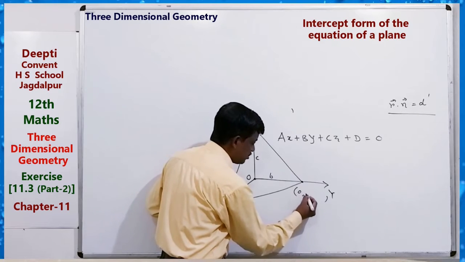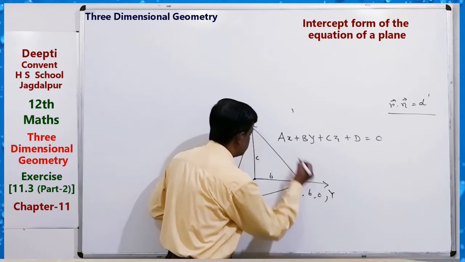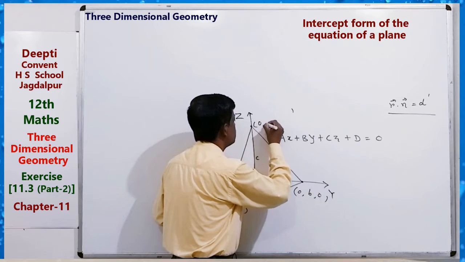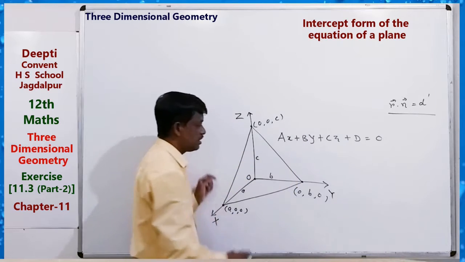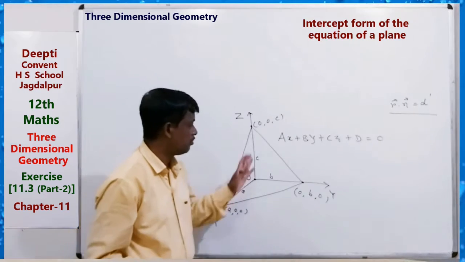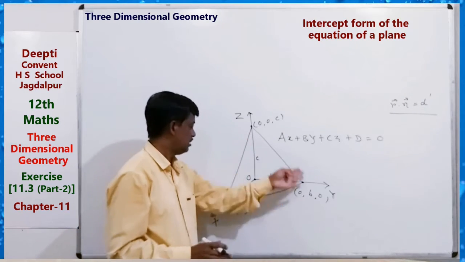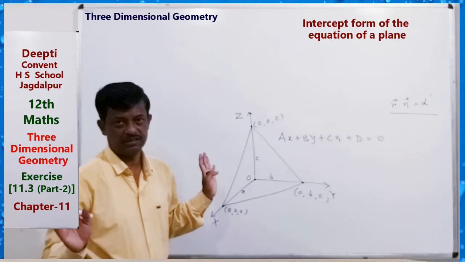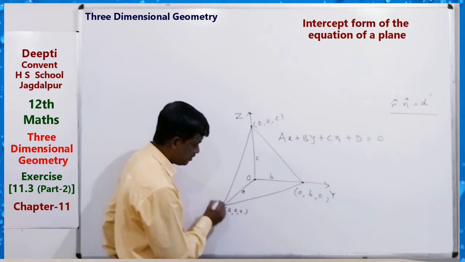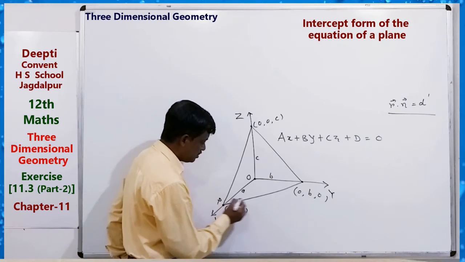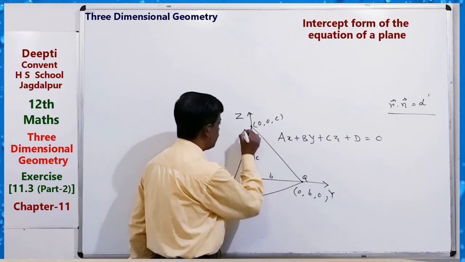Here 0, b, 0 and here 0, 0, c. Small a, b, c are the intercepts made by the plane on the x-axis, y-axis and z-axis. So this is point P, this is point Q, this is point R.